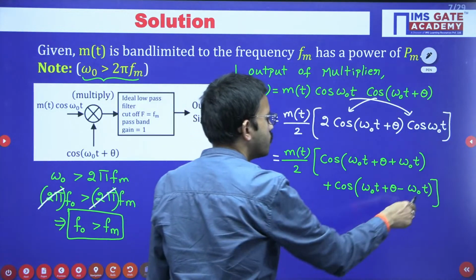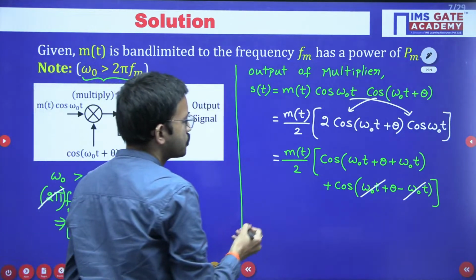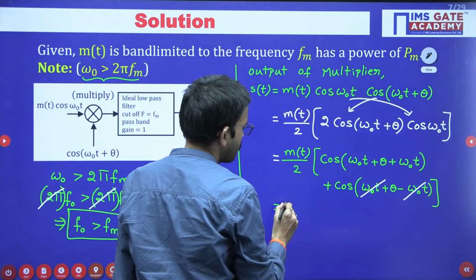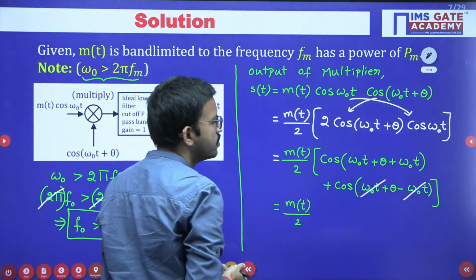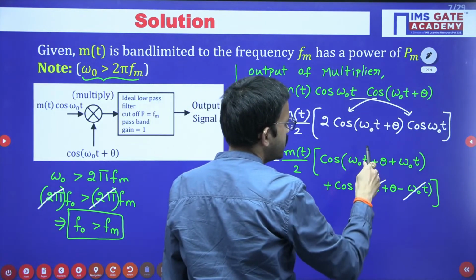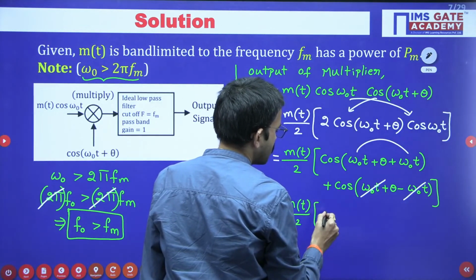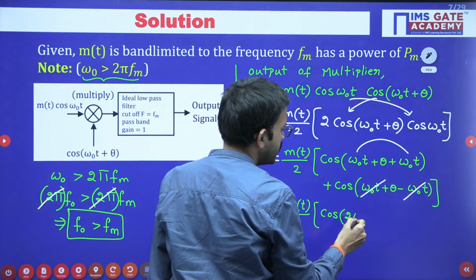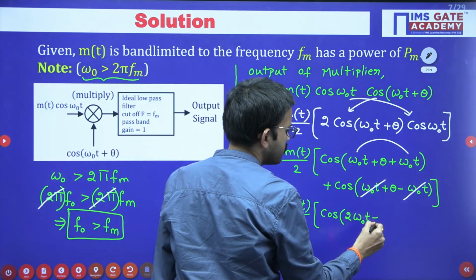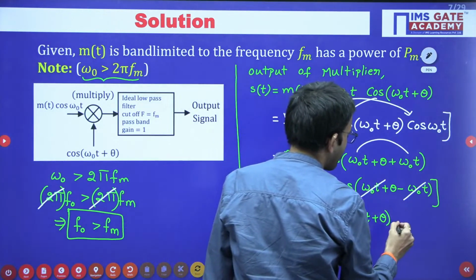Here omega naught t will get cancelled in the difference term. So from here you are going to get m of t by 2, and here omega naught t plus omega naught t, 2 times, you will get cos of 2 omega naught t plus theta, plus cos theta.